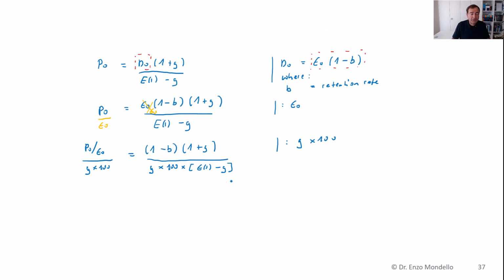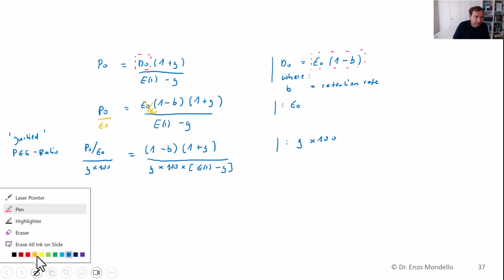If we take now a closer look at the justified PEG ratio, then we have to understand that a negative PEG ratio does make no economic sense, and therefore the expected return must be higher than the growth rate. Then we see as well that there is a positive relationship of the PEG ratio with the earnings payout ratio.